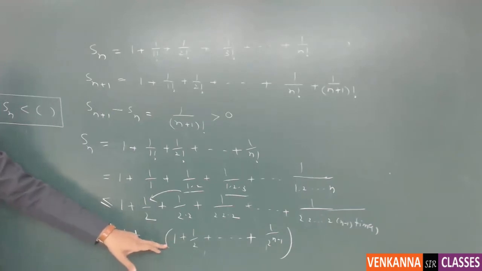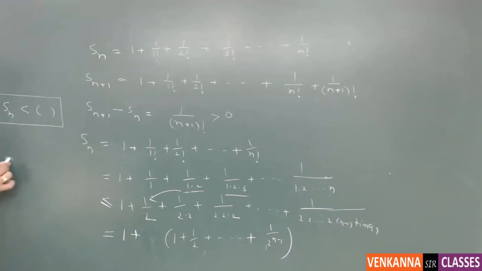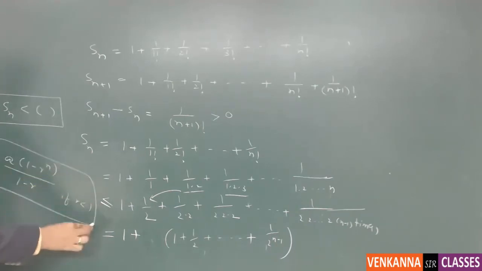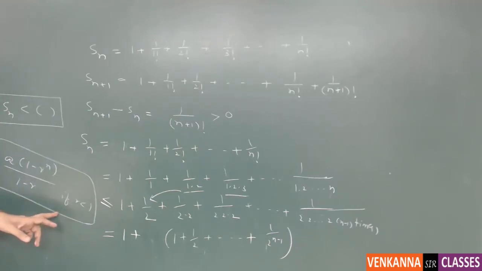So if you have the sum of the n terms, you can write the formula. Is this correct? The formula? Sum of the n terms? Okay.